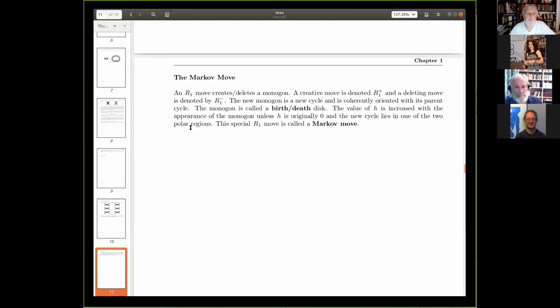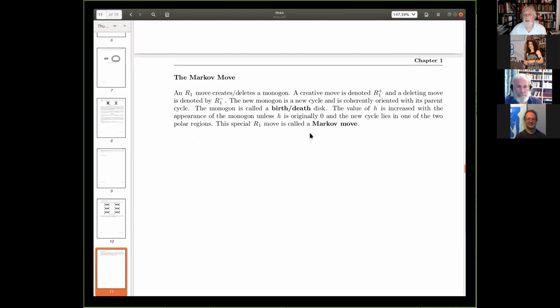But that doesn't happen if H is originally naught and the new cycle lies in one of the two polar regions. So this special R1 move is called a Markov move. So the story is that an R1 changes H unless we know that H is already 0 and the new monogon lies in one of the two polar regions.